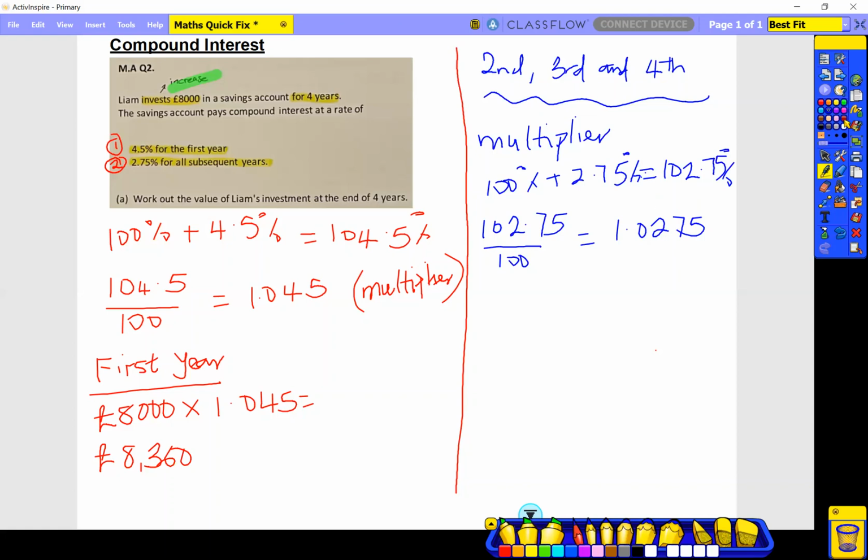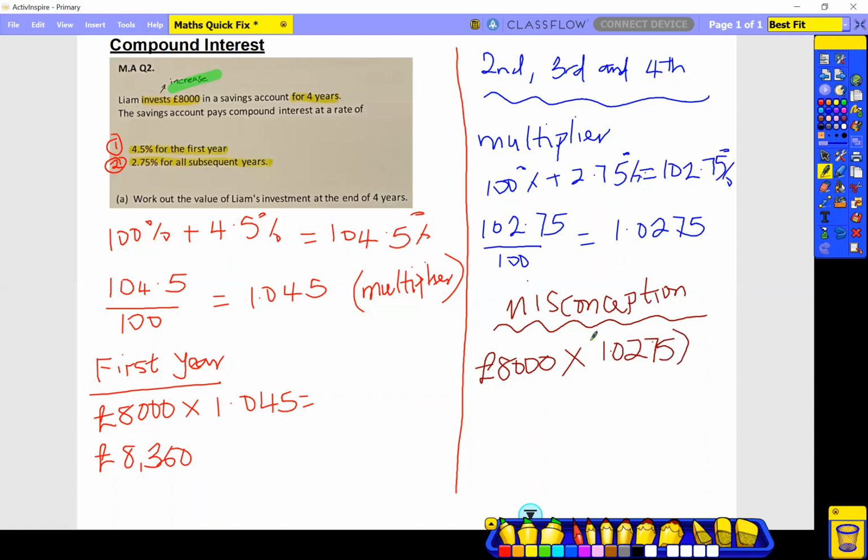Now, what is the misconception? Misconceptions are misunderstandings. What you think might be right is not correct. So in this case, what is the common misconception? As an examiner, I have seen students do £8,000 times the multiplier, and because we're talking about 3 years, to the power of 3. I'm just going to work that out on a calculator.